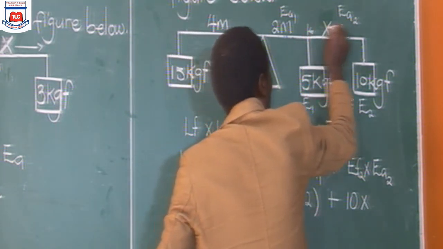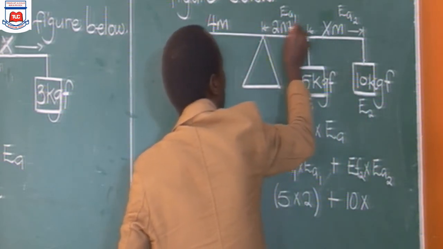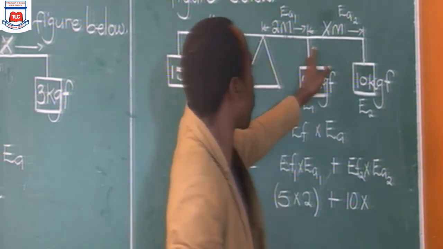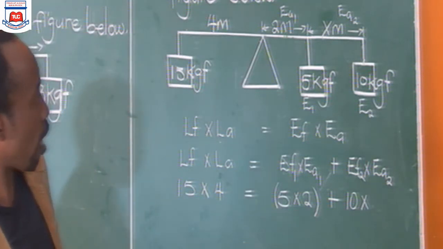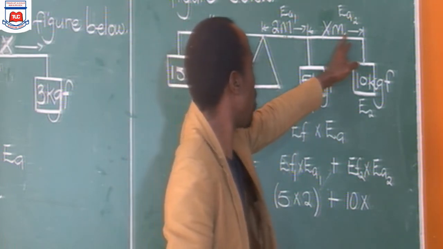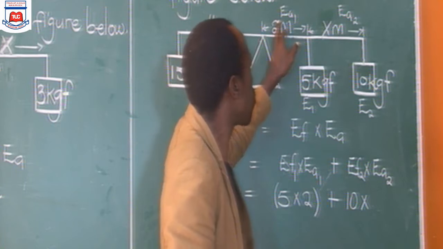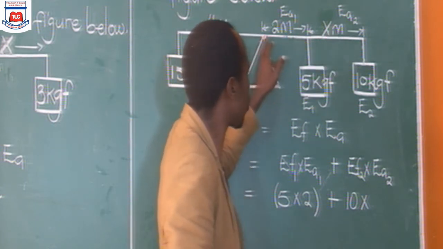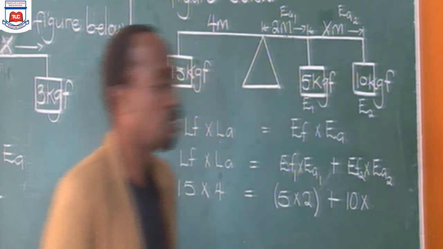Then we have 2 meters here. 2 meters is only working for this effort force 1. So candidates don't misfire here. Therefore, we have the effort arm 2 as 2 plus x. That is the total distance from the pivot to the effort force 2.